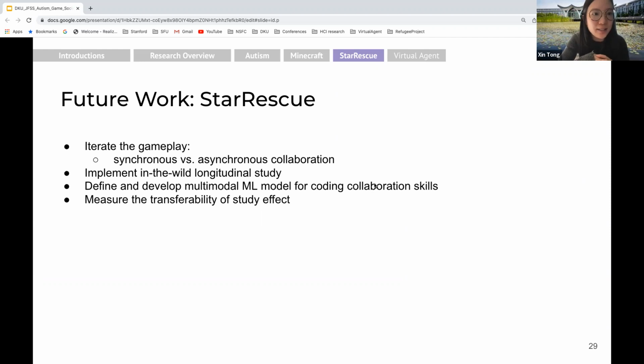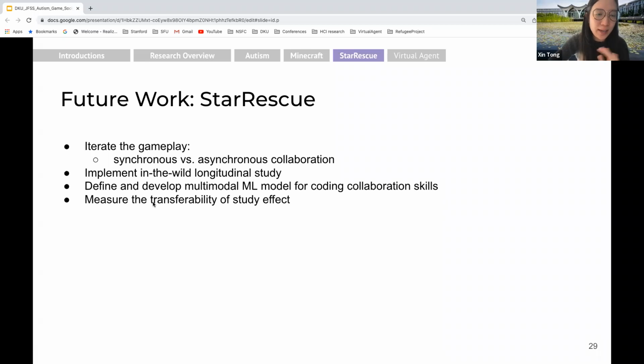In the Star Rescue second project, we found it very interesting how children react differently when I asked them to do the same task at the same time, versus each taking a part of the role in the task separately. So we want to further investigate how that affects the final outcomes.